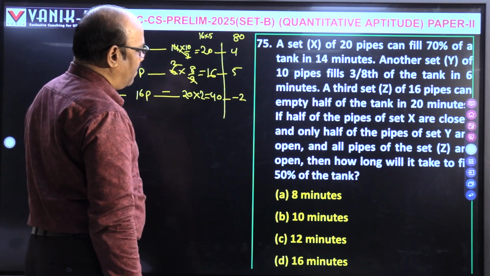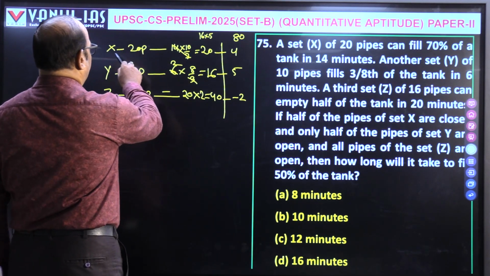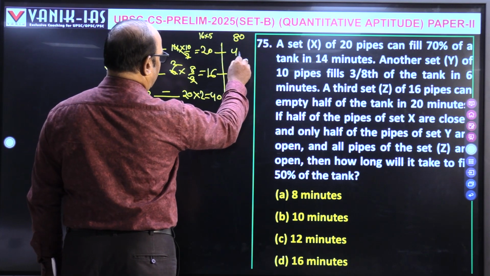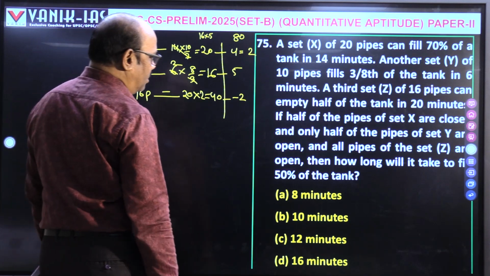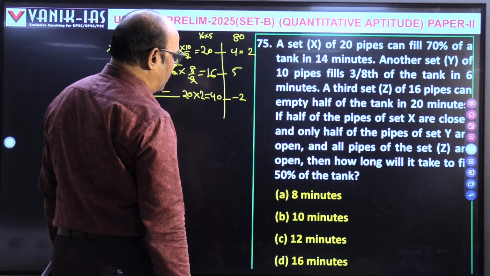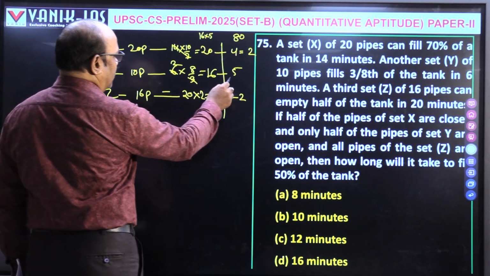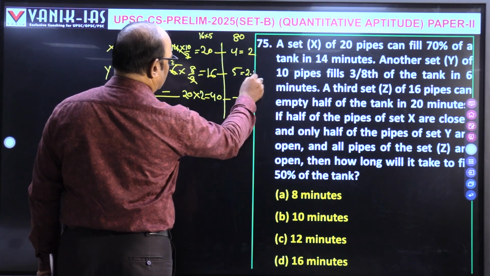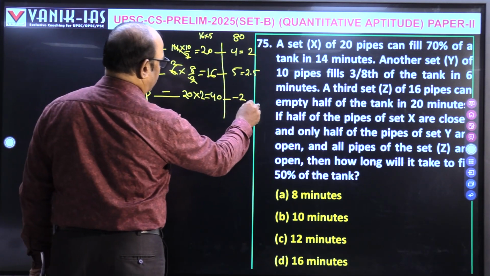The question says that half of the pipes of set X are closed, that means half is open, so 2 liters will flow. Similarly, half of the pipes of set Y are open, that means 2.5 liters. And all pipes of Z are open, that means -2 liters.